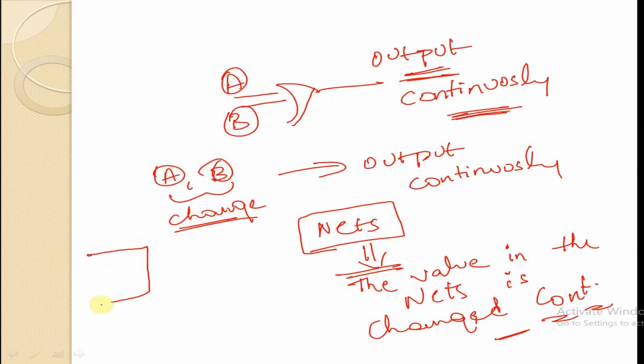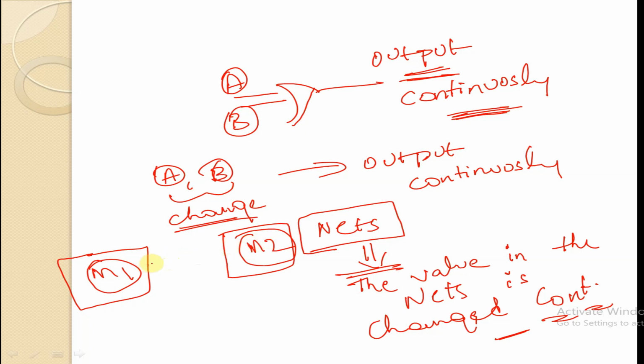Another example where we use nets is, if we have 2 modules, module 1 and module 2. This is one design block and this is another design block, and if we want to connect these 2 design blocks, then we will use a net.